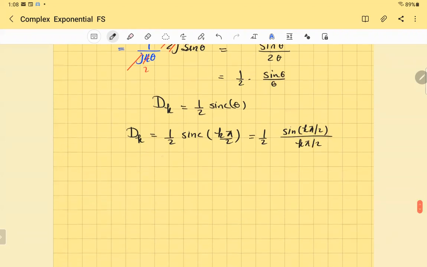I'm just trying to go back. When you do that, sine of pi k over 2, and you have 2 in the top, so the 2 will be canceled. So it's 1 over k pi times sine of k pi over 2. So that's our d_k.